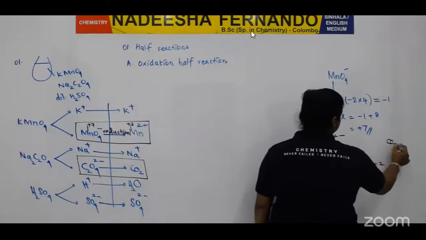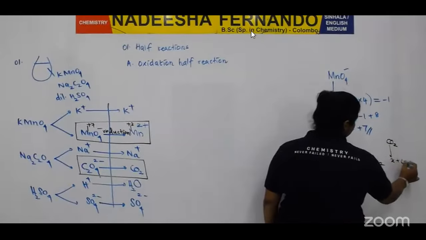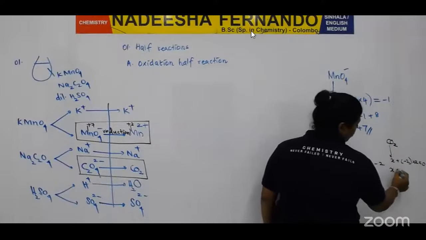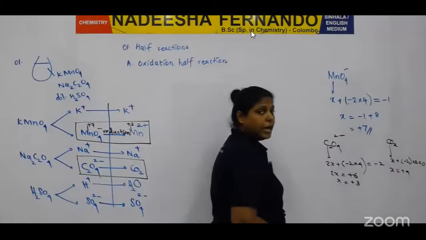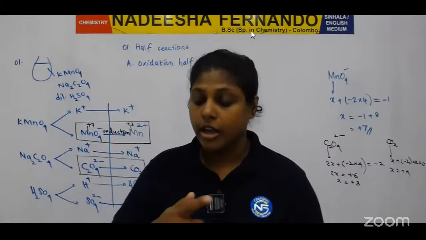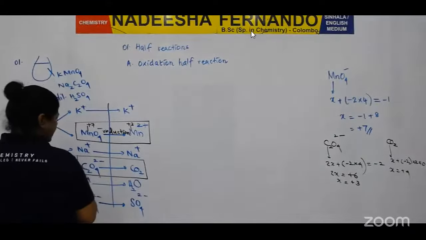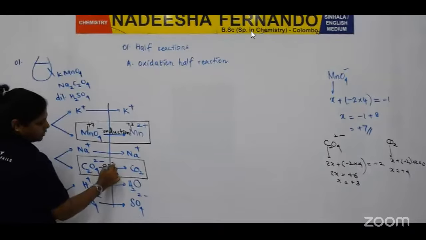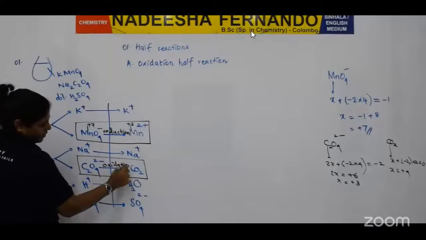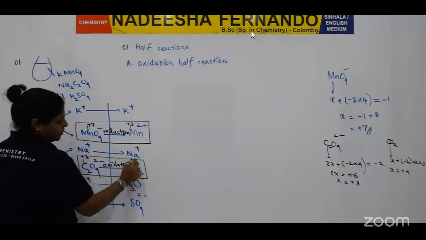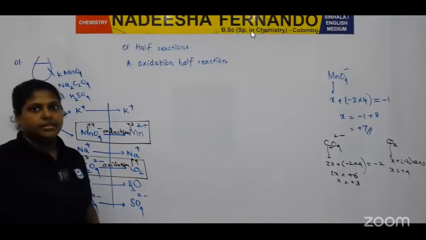Carbon dioxide is simple: x plus -2 into 2 equals 0 because this is a compound. So +3 goes to +4. Increased positivity, that is oxidation. So this is oxidation, right? +3 goes to +4.